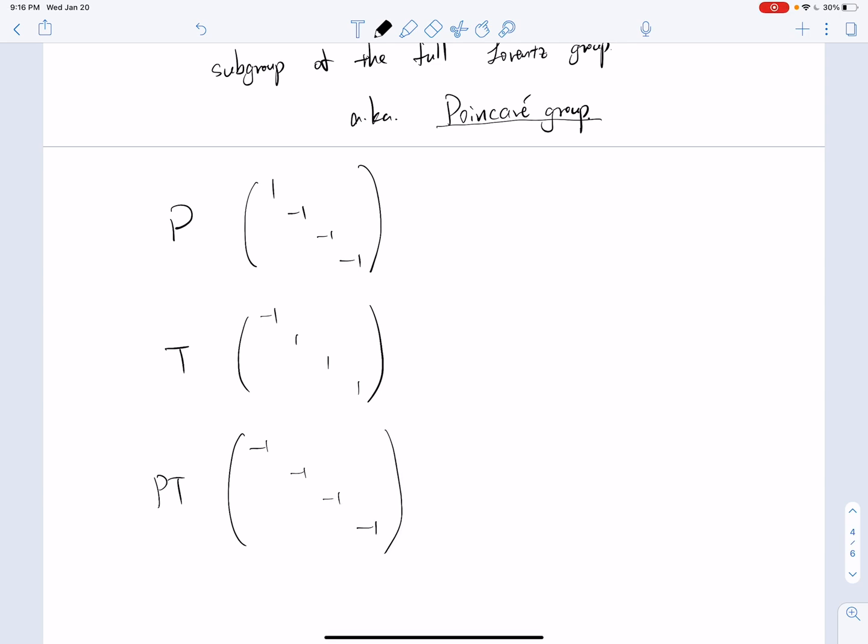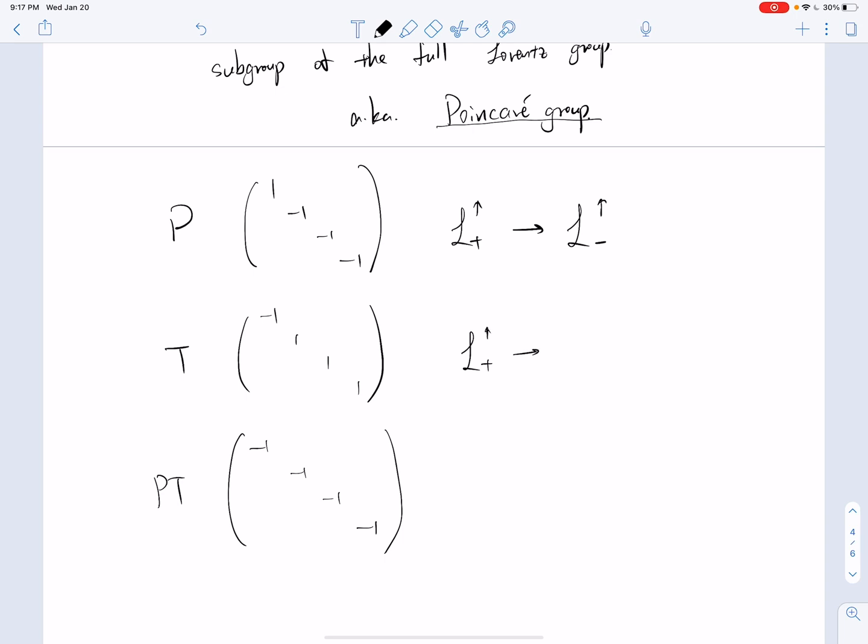The determinant of parity is -1. So if you combine parity with another Lorentz transformation, the determinant of the product will be -1. So it sends the proper orthochronous subgroup to the improper, but still orthochronous subgroup, because the 0,0 component is not changed.